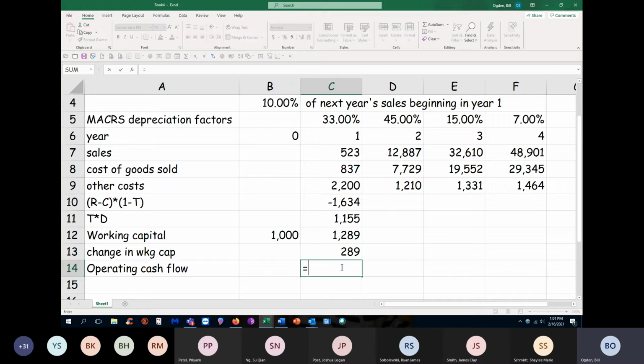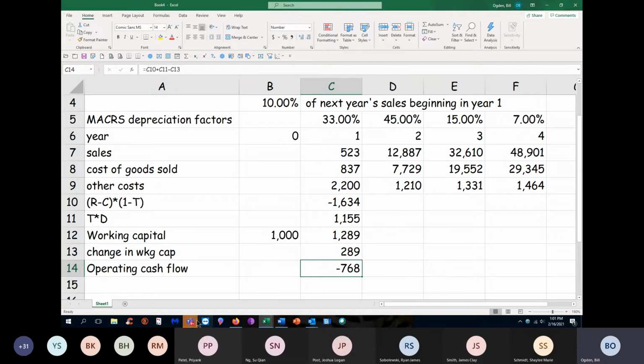And so that would equal R minus C times 1 minus T, that's here, plus T times depreciation minus our change in working capital. Oh, I got it right.